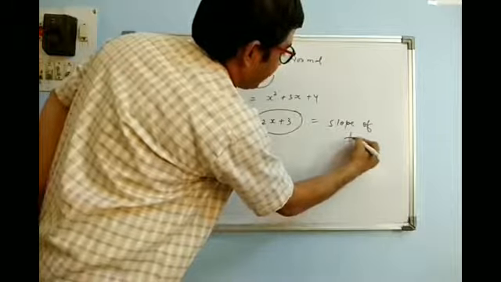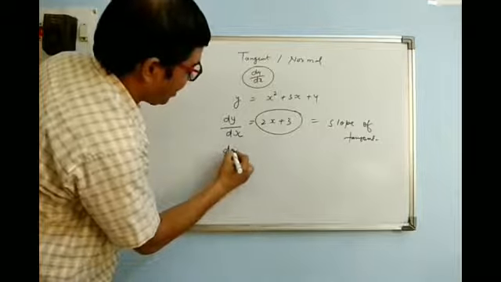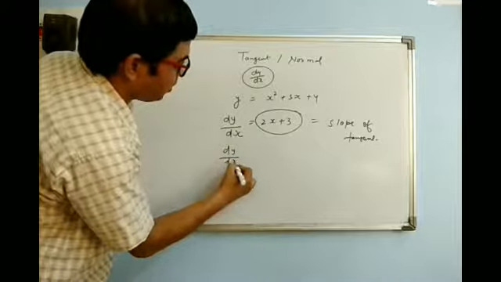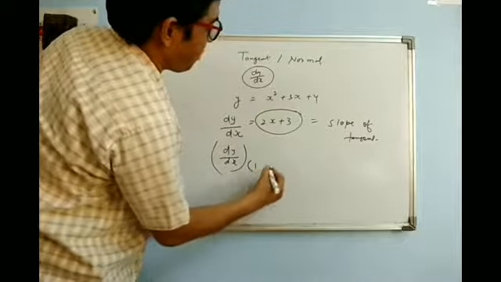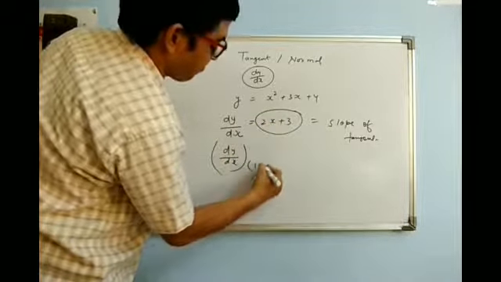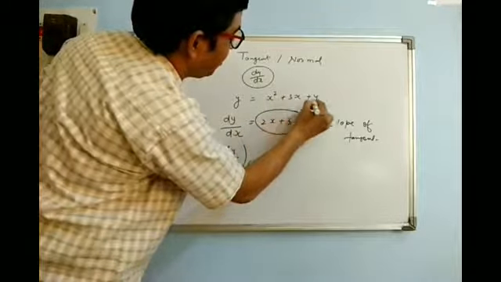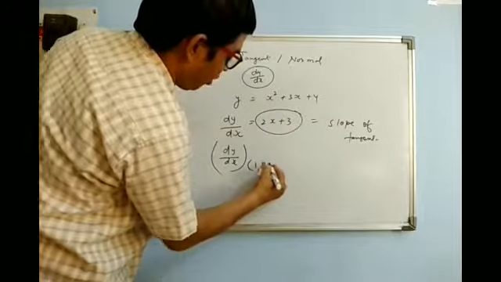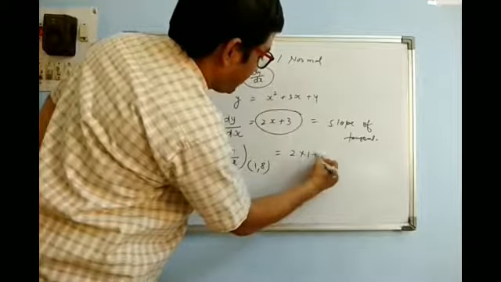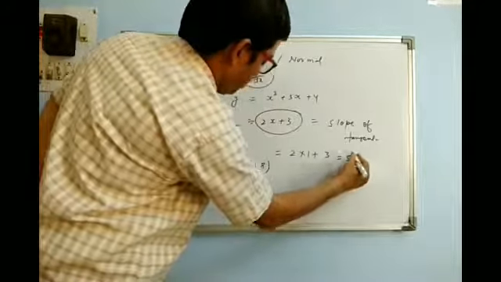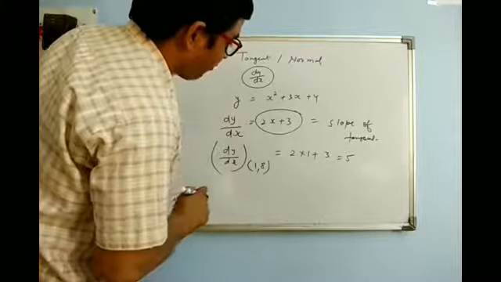So if we have to find the slope of tangent at any point on the curve, suppose a point is x is 1 and y is something, if we put 1 here, y is 8, so the point is 1 comma 8, it is coming out to be 2 into 1 plus 3, that is 5. So the slope of tangent to this curve is 5.